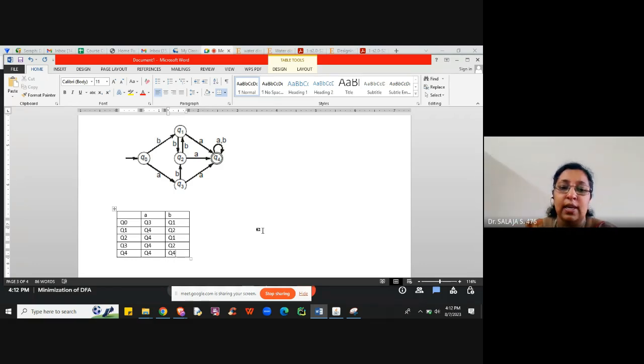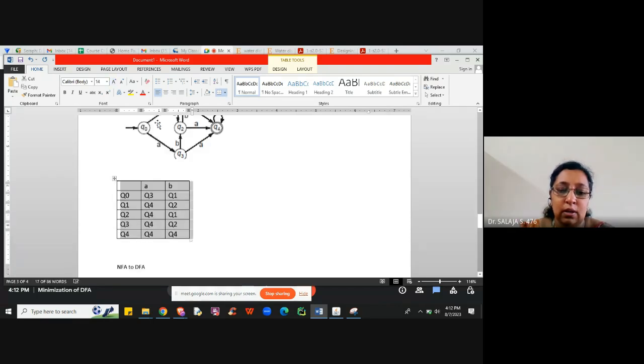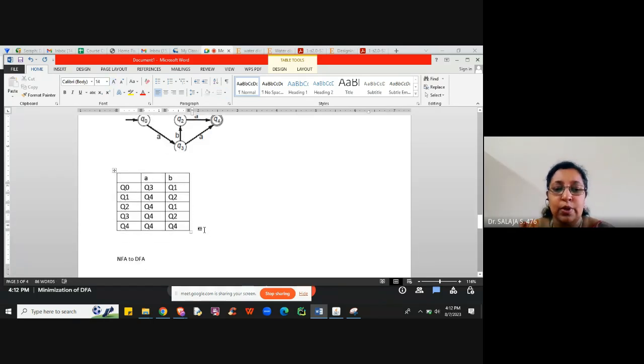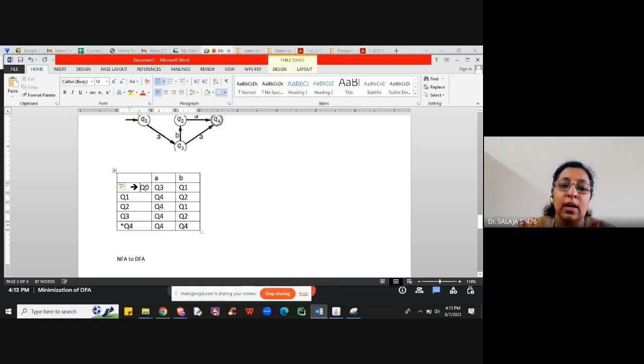We don't have any inaccessible state, and we don't have any dead state. Which is the final state? The final state is Q4. And the initial state is Q0. Now, which states can be grouped together? Can I have the first level of grouping in the chat box, please?